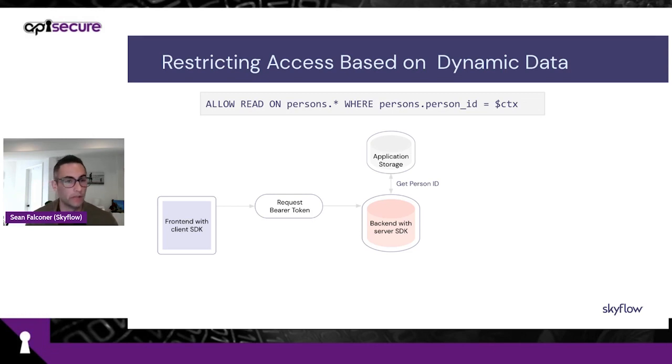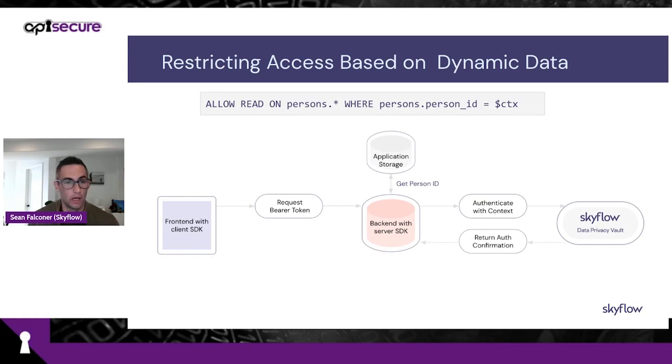This is just an example, but that person ID could be an Auth0 token if we were using Auth0 for authentication. And then that person ID is going to be added as the context that we authenticate against our Skyflow vault with. So that context value that we showed before is going to be passed in as part of the JWT token. And then we're going to return an auth confirmation and bearer token back to the front end.